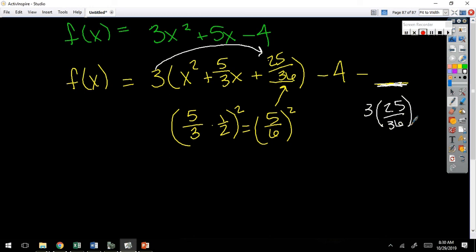Right, because whatever I took out in the front, it's got to multiply to what I put here. Would it be multiply 3 by both of those? Did you multiply by 3 already? No. I squared it to put it there, but I didn't multiply it by that number outside.